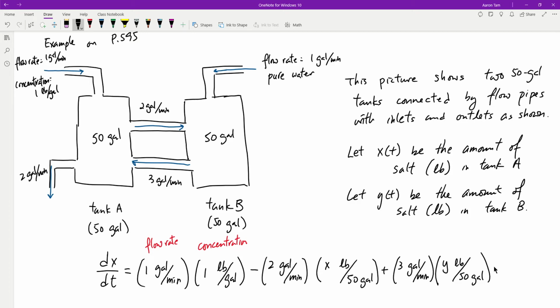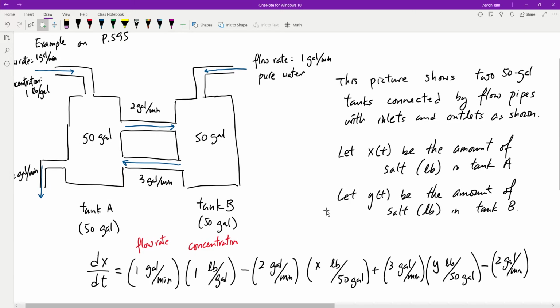And finally, the excess water drains out, and since drain out is leaving the system, I'm going to subtract 2 gallons per minute. I do need a little bit of room. Okay, that will probably do it. Multiply by the concentration of the liquid, which is x pounds per 50 gallons.